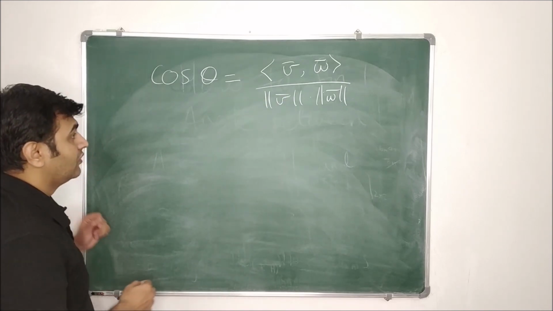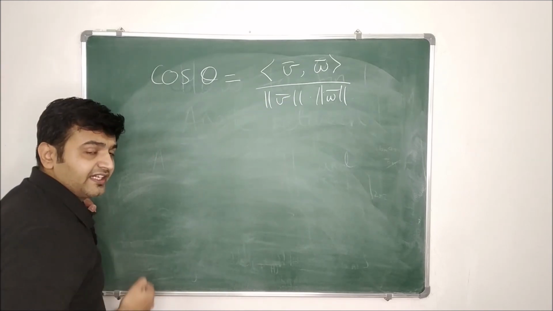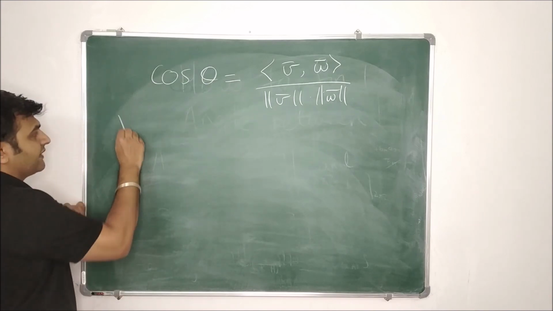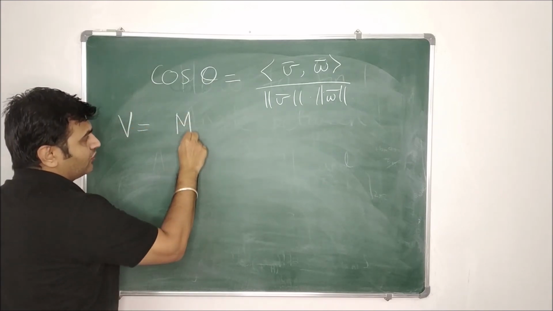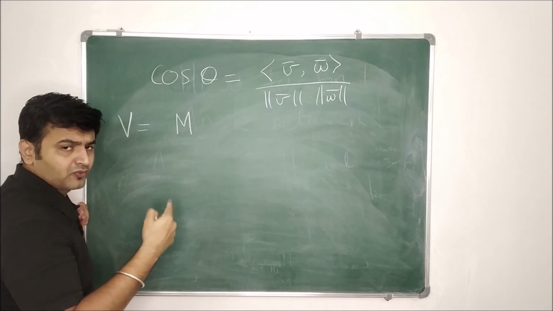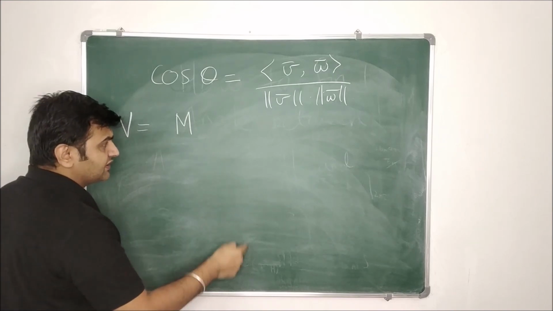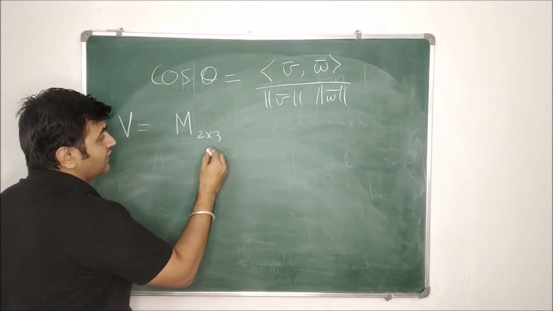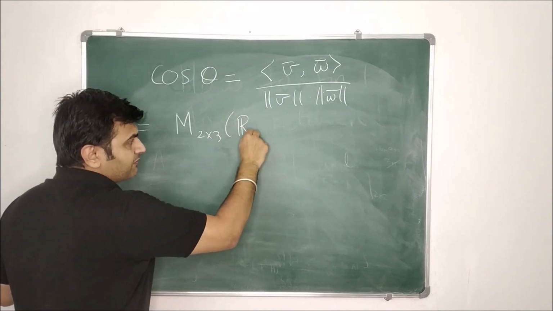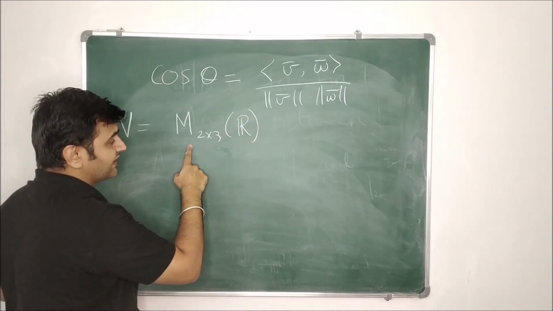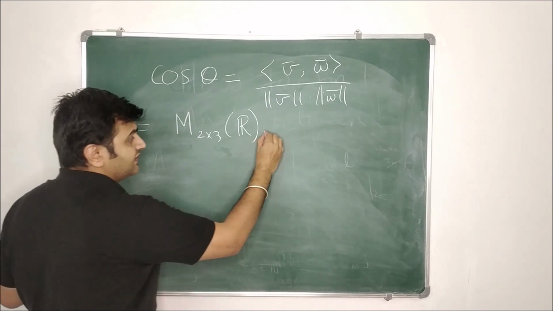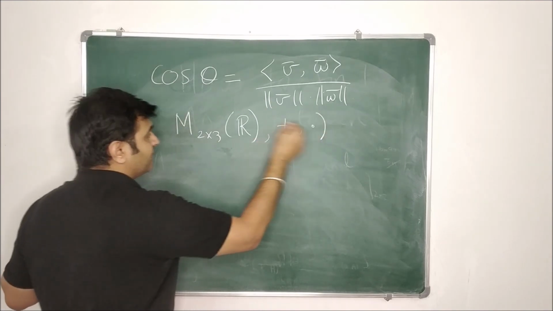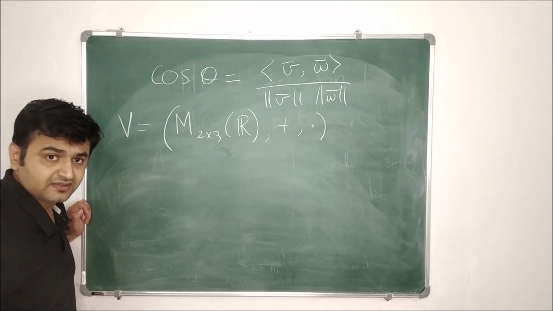Let's define an inner product on matrices. Instead of going for m cross n matrices, let me take the 2 cross 3 matrices, the ones which I wrote as A and B, which is good for your understanding. So this is my collection of all 2 cross 3 matrices with the usual addition and scalar multiplication. We know that this forms a vector space.